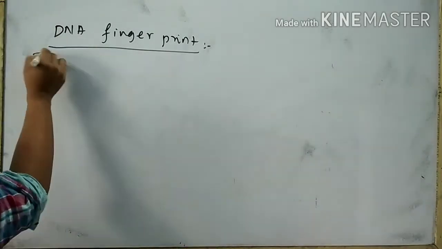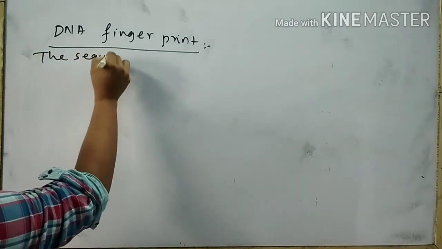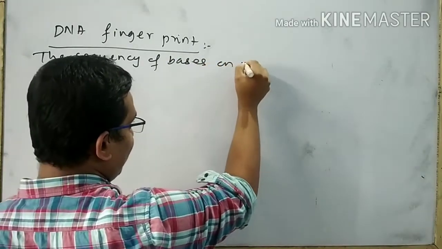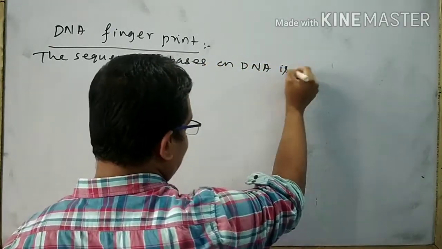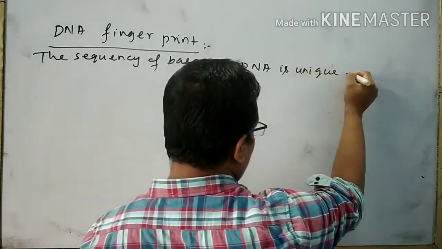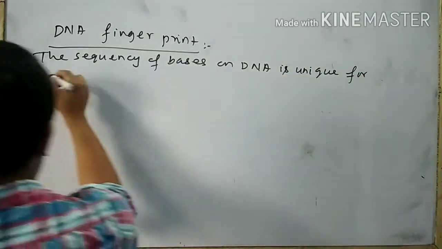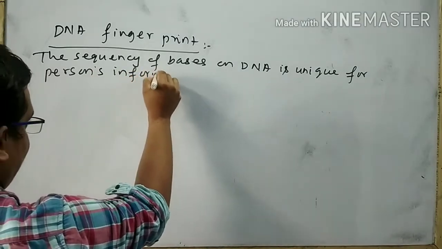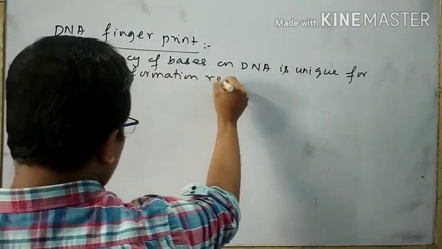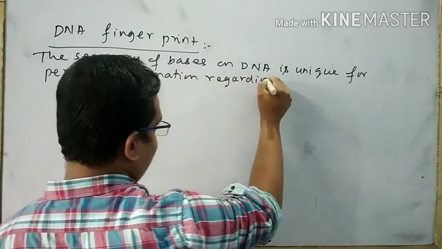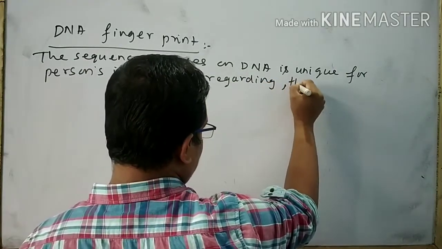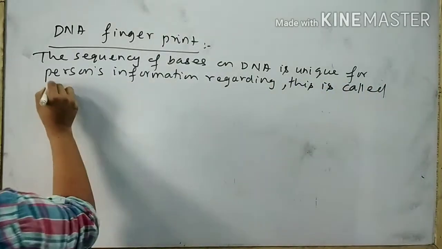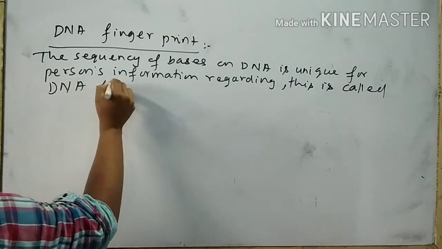So you can write: the sequence of bases on DNA is unique for a person's information, and this is called DNA fingerprint.